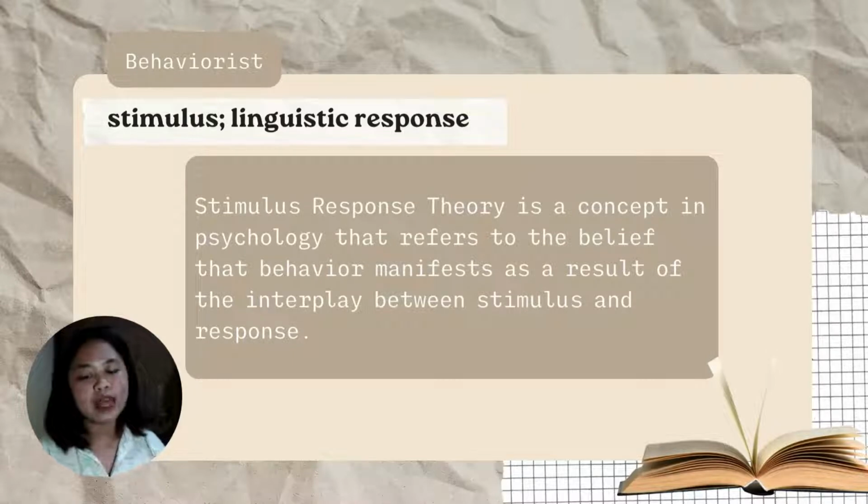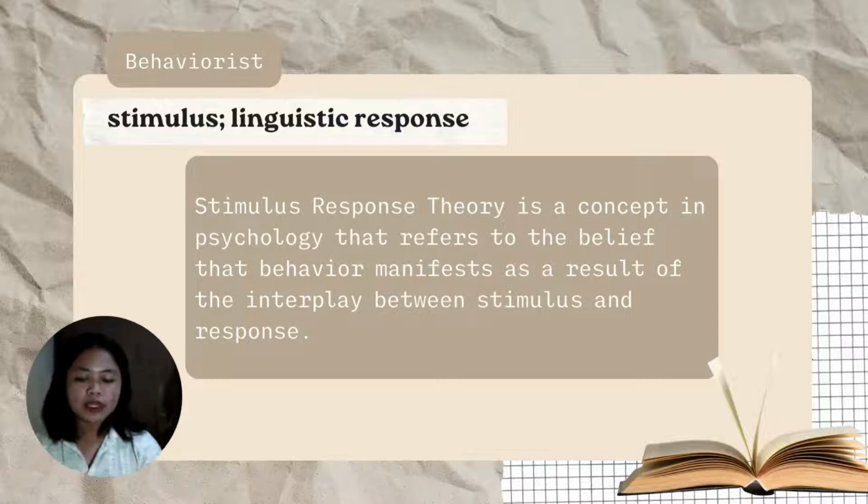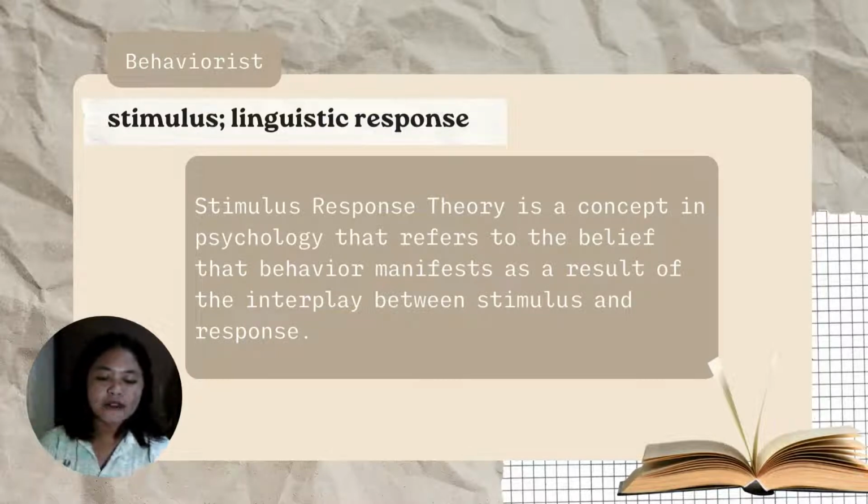Bloomfield's Language was once regarded as the model of scientific methodology and the greatest work in linguistics on both sides of the Atlantic Ocean in the 20th century. In the book Language, he used an interesting example to illustrate the stimulus-response phenomenon in verbal communication.